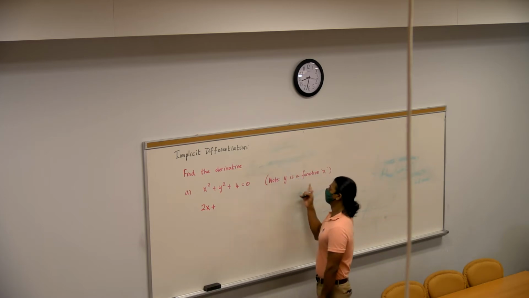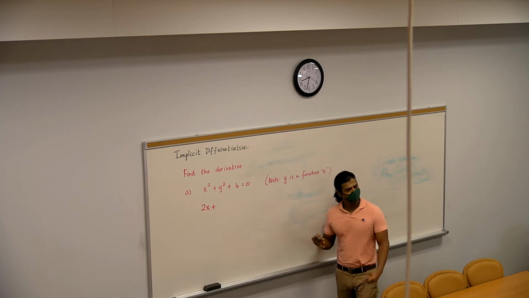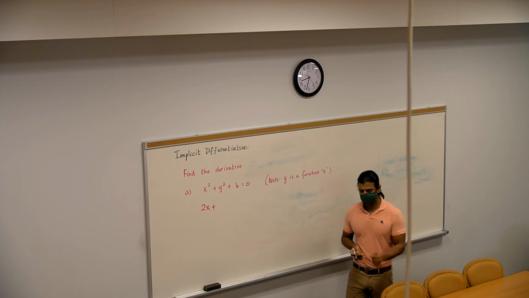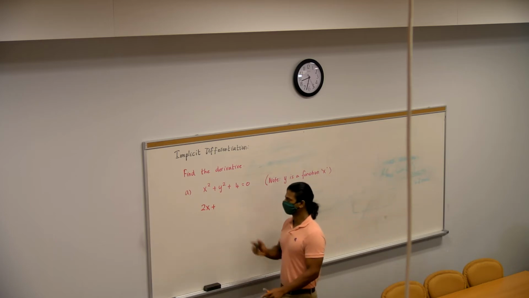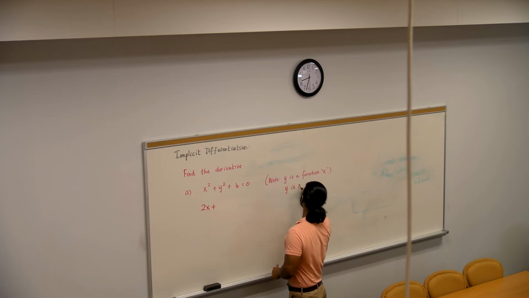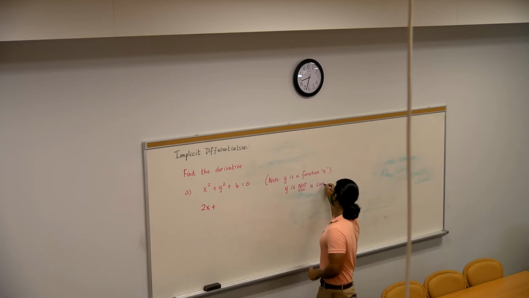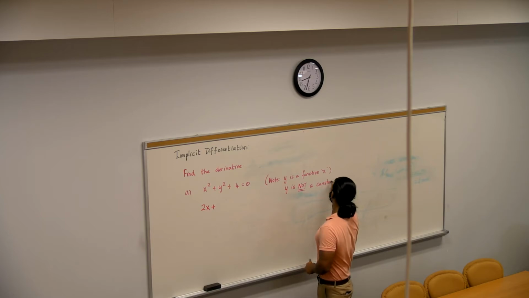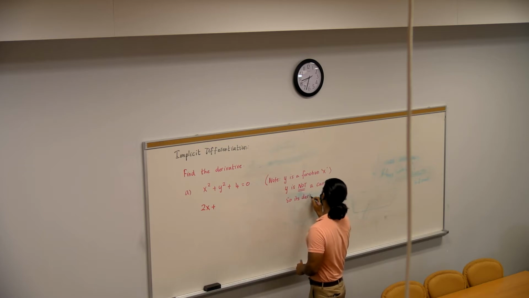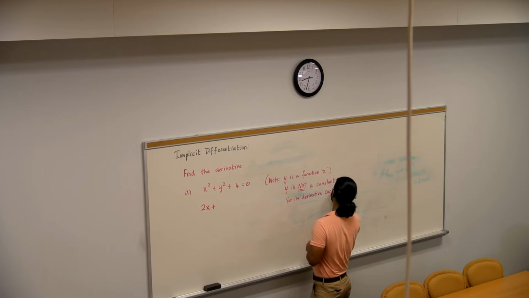If y did not depend on x, then y squared is a constant. Derivative of y squared would be 0. But y is not a constant. So its derivative cannot be 0.